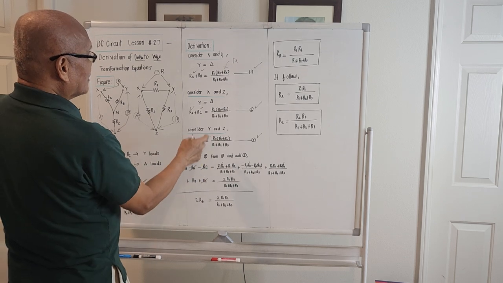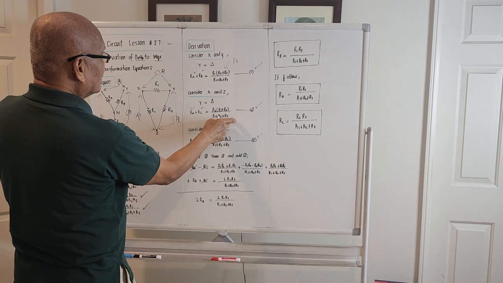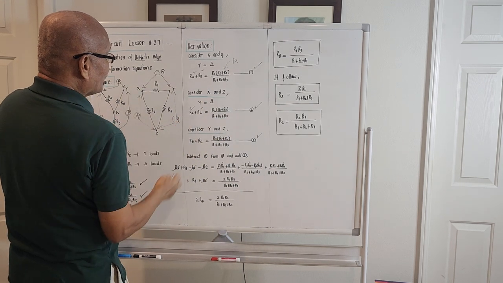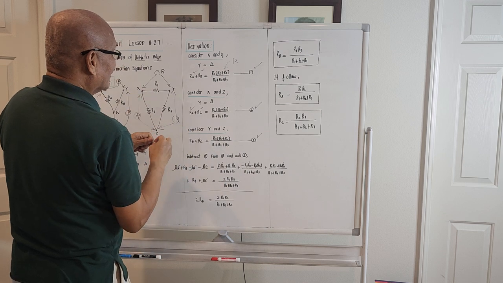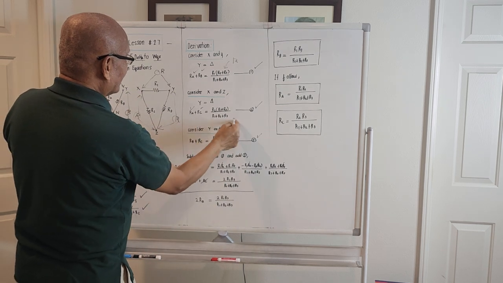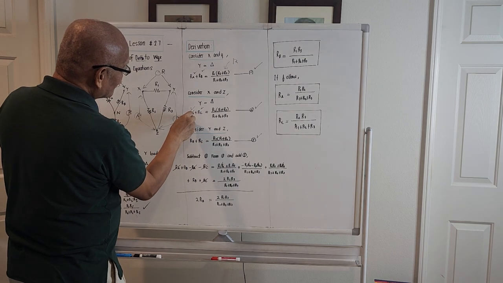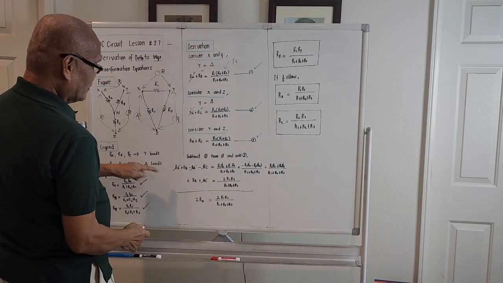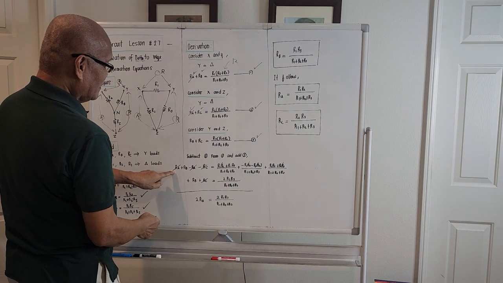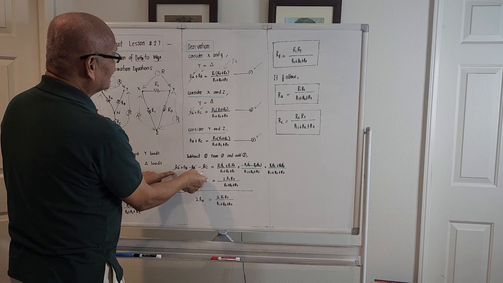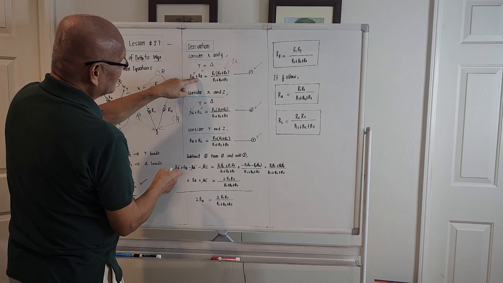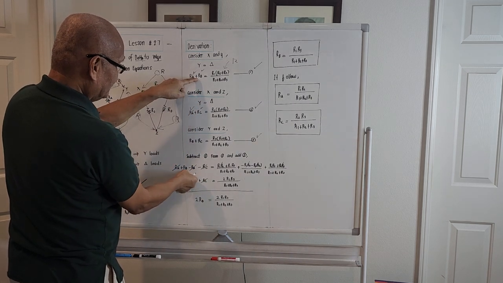If we try to subtract equation number 2 from number 1, RA minus RA will actually cancel out. So I place it here, RA minus RA, and this RB here is still RB.